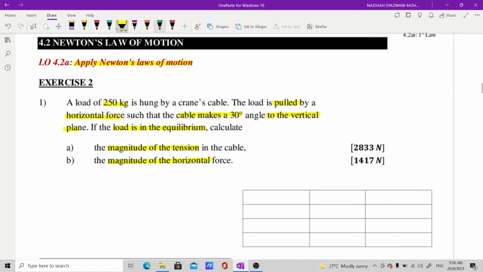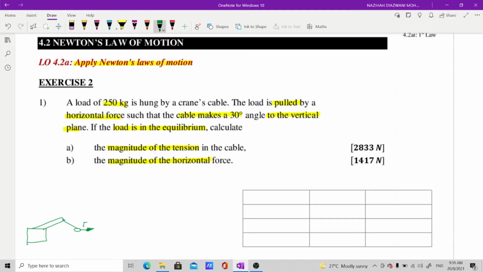Okay, let's try to draw the situation given by the question. So we have a crane. Let's say this is my crane. The crane will have a cable, and the cable is attached to the load, and the load is being pulled by a horizontal external force.